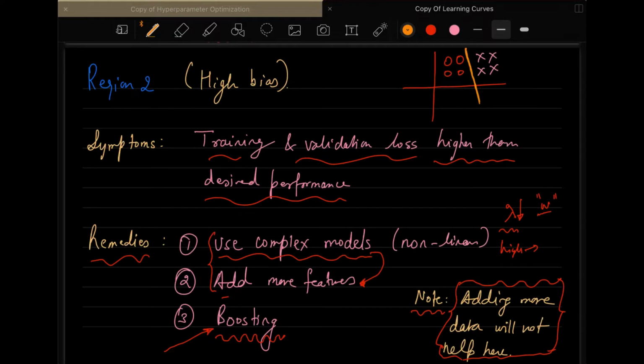Even if you increase the data set to a larger amount, towards this side and this here, it will still be like this. So this shows that even if you increase the training data, it will not really help you move out of high bias problems. So this is the high bias situation.